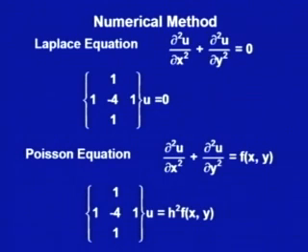By this discretization method, when we use the difference quotient to change the partial derivatives, we arrive at algebraic equations where the coefficient matrix is very sparse.